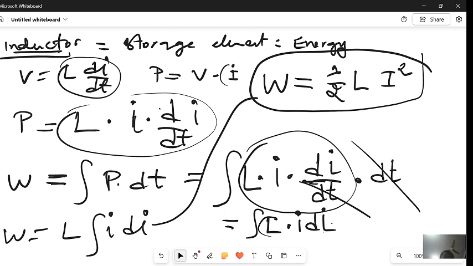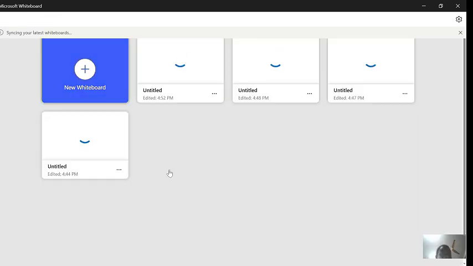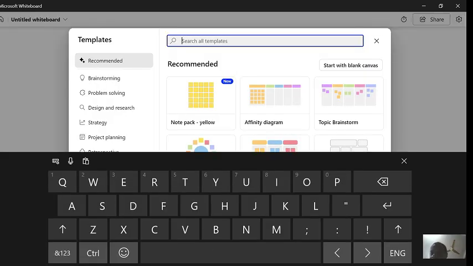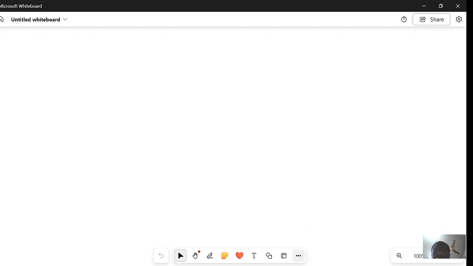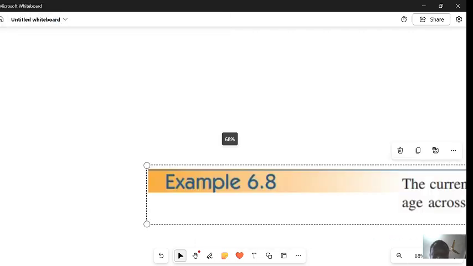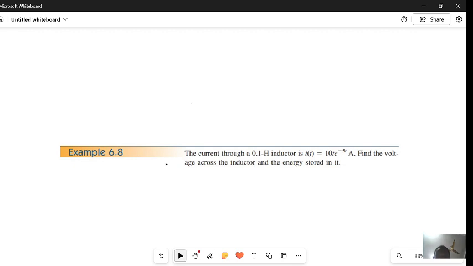Now let's go back to our example to finish the question. The example gave me I, and it gave me the inductance in henries.